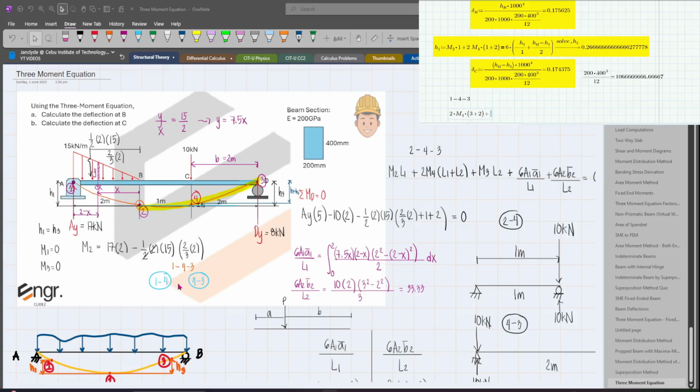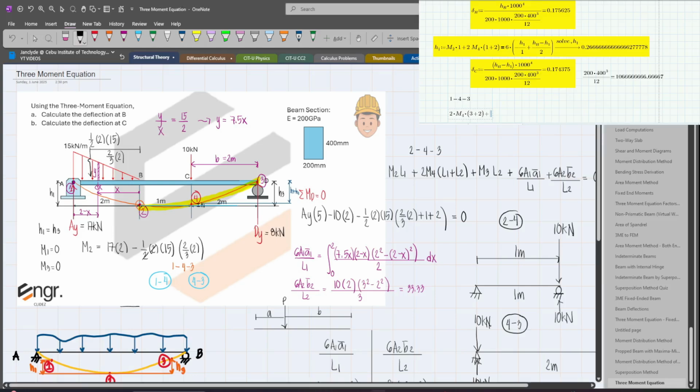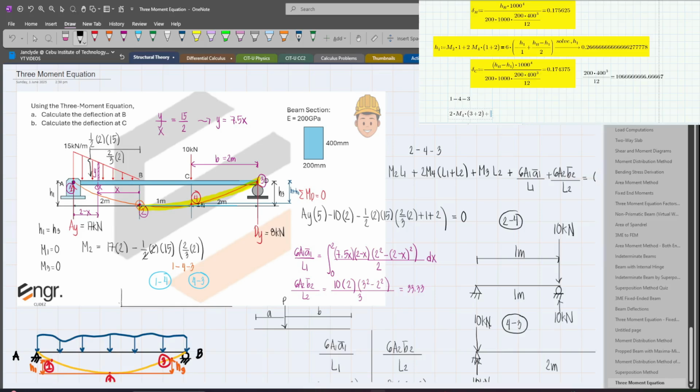Now, for this solution, the first span will look like this. Ayan. Then, this is 10kN. Tapos, 15. 2 meters, then 1 meter.